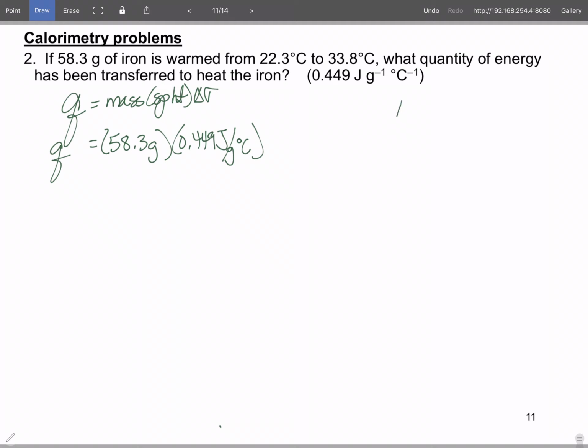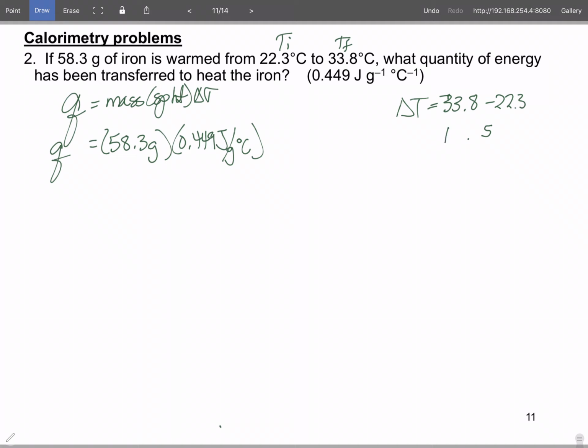And I like to do delta T off to the side. This is T final, and this is T initial. So it's 33.8 minus 22.3, which is 8 minus 5.